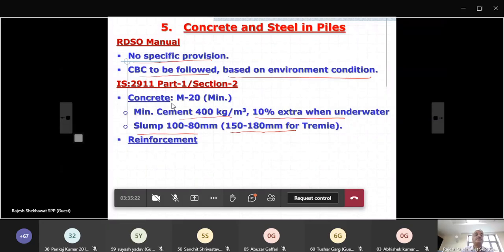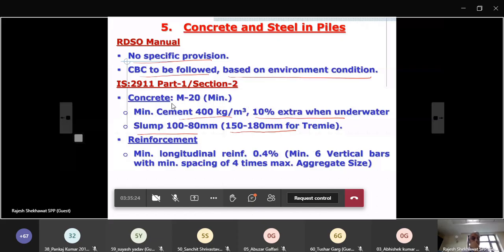Reinforcement: this IS code says minimum longitudinal reinforcement should be 0.4% of cross-sectional area, and you must use minimum 6 vertical bars. If you see the cross-section, normally your reinforcement will be like this. If you have seen the piles, mostly you put it on the surface and then ties or spirals are bound like this.